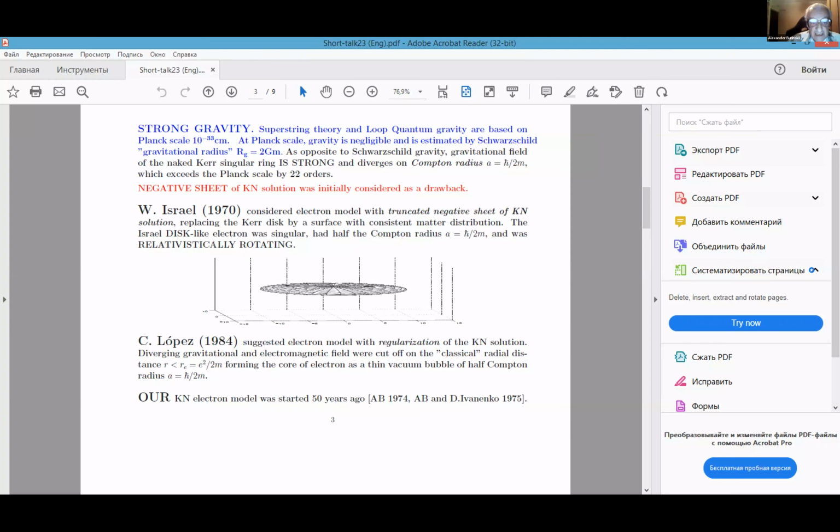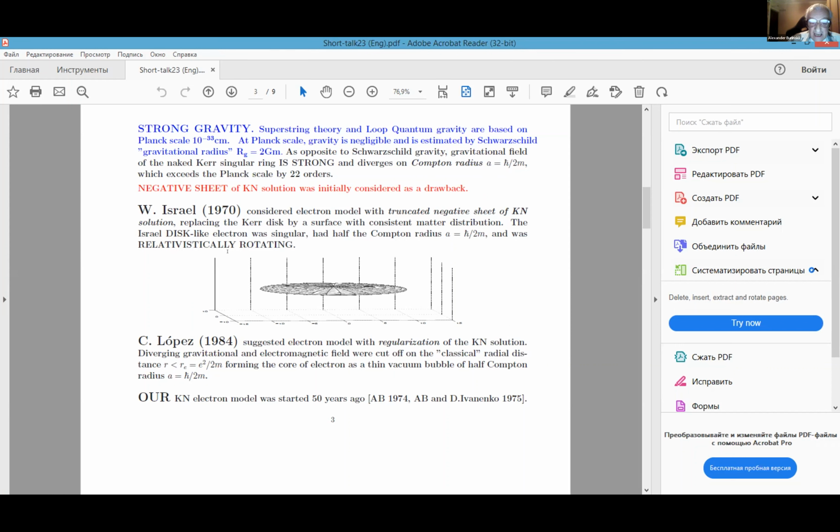It is relativistically rotating. Lopez in 1984 suggested an electron model as a regularized Kerr-Newman solution, truncated the second sheet, and regularized the solution using a cutoff on the classical radius, of classical size.